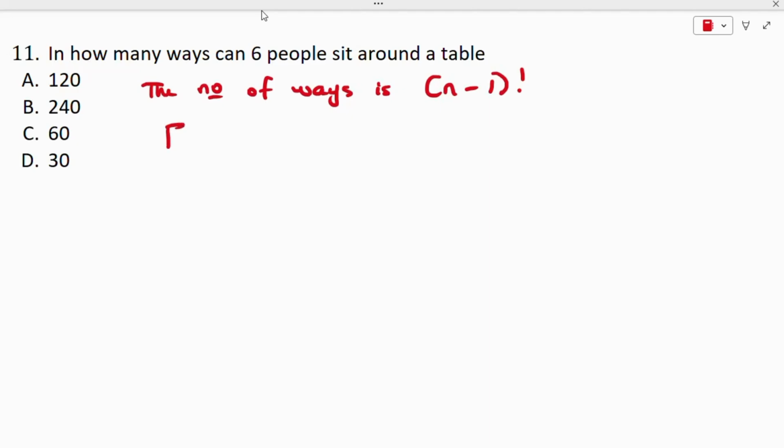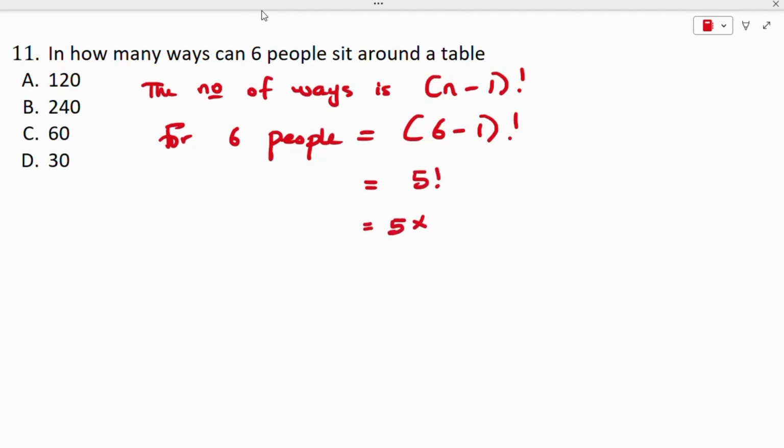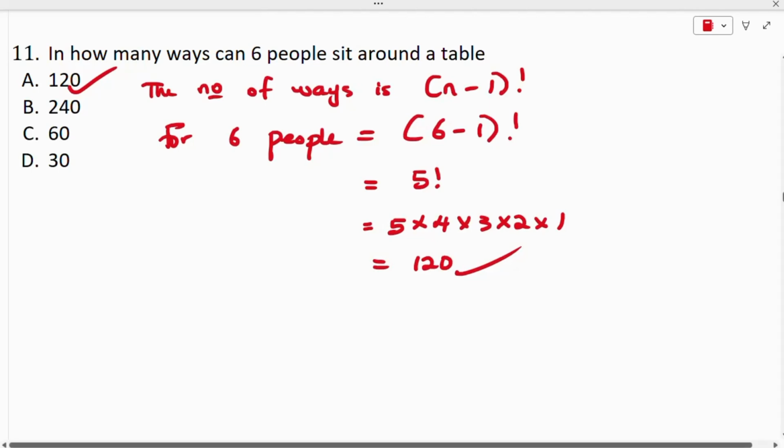For 6 people, this is equal to 6 minus 1 factorial, which is 5 factorial, which can be expressed as 5 times 4 times 3 times 2 times 1, and this is equal to 120. That implies that A is the correct answer. The number of ways that 6 people can sit around a table is 120, so that makes A the correct option. So let's go on to question number 12.